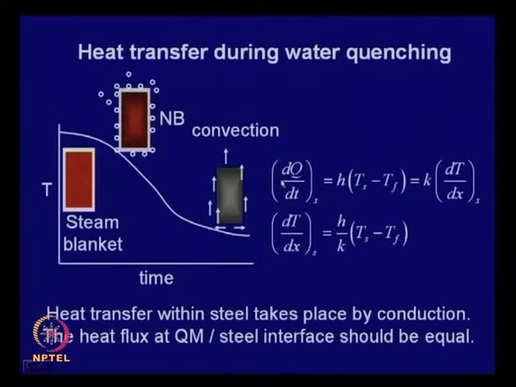Now, which is listed here, this gives the rate of heat transfer, this is the amount of heat flux which comes out from the surface. So, this will be proportional to the temperature difference. Tf you can say is the final temperature of the job, or the temperature of the quenching medium.